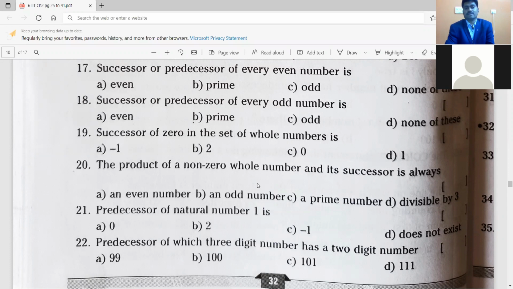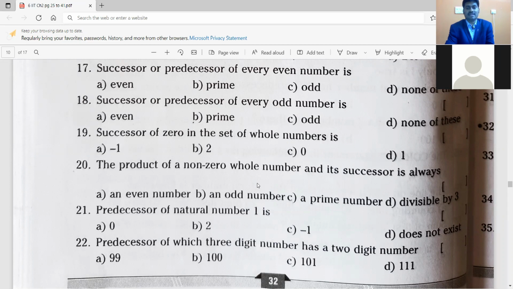The 21st question: predecessor of the natural number 1. We don't have 0 in the set of natural numbers, so there is no predecessor in the set of natural numbers. It does not exist. Next, the predecessor of which 3-digit number is a 2-digit number?